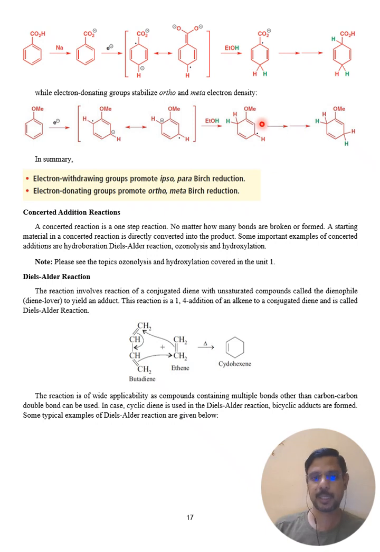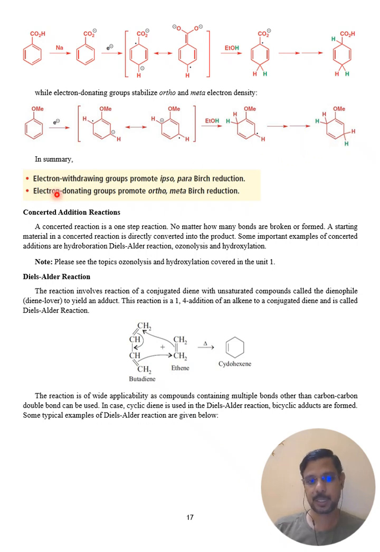Then the second electron coming from the metal forms an anion at the meta position, for the same reason: the electron donating group destabilizes the anion if it is at the para or ortho position. So the meta position will be relatively stable. So the addition of the second proton will always occur at the meta position, right?